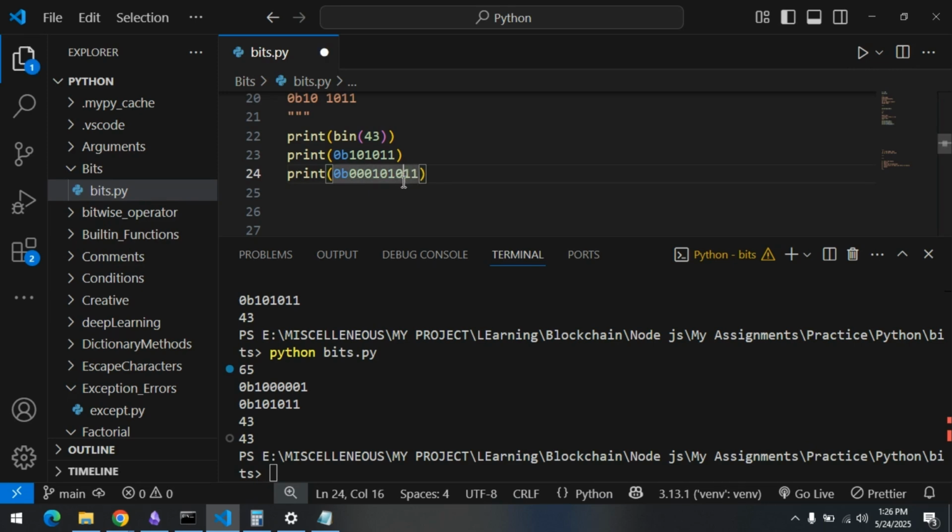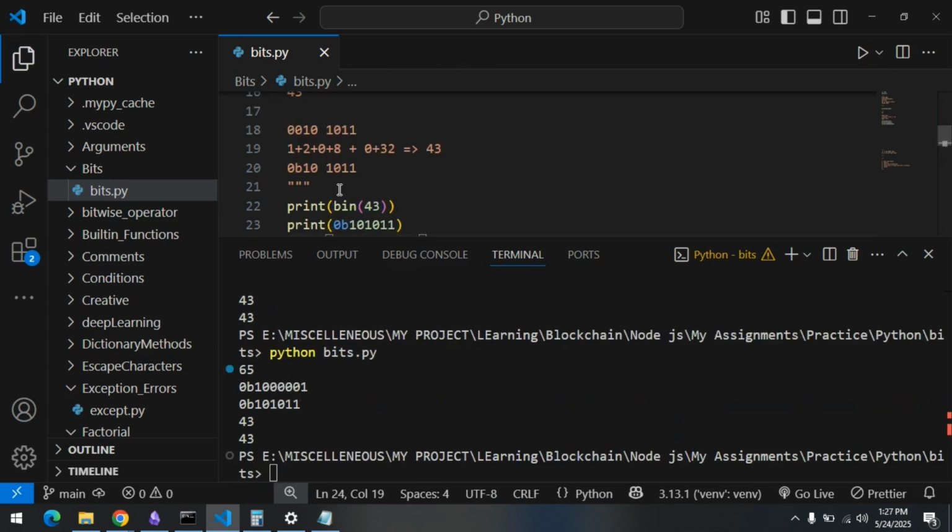All right. Okay, so if we have 0b 0 and more zeros, see, no matter how many zeros you add over here, the computer reads all the numbers starting from the right, which is the least significant number.